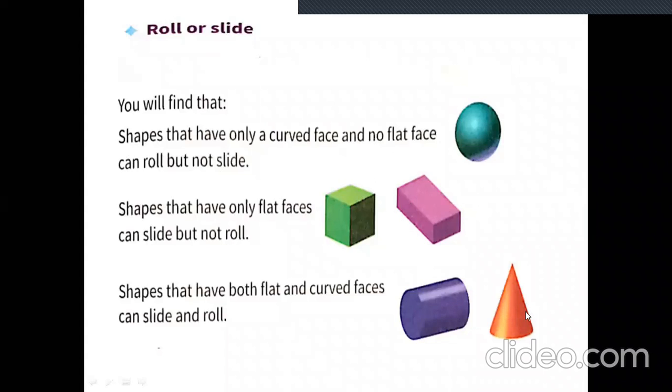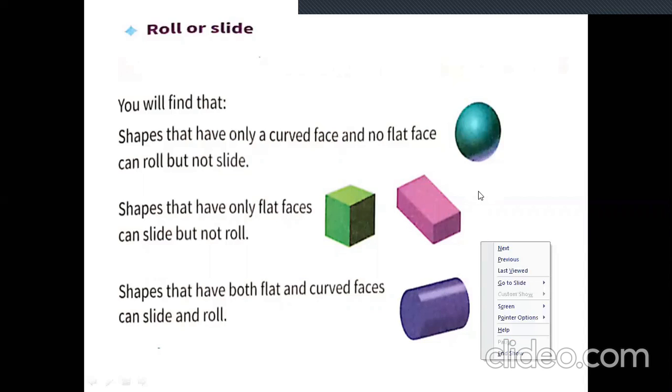When you send it through the flat face, it will slide. When you send it through the curved face, it will roll. A curved face can only roll. A flat face can only slide. Both faces, like cylinder and cone, can do both things, slide and roll.